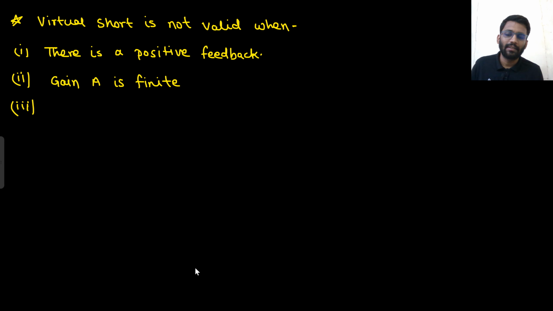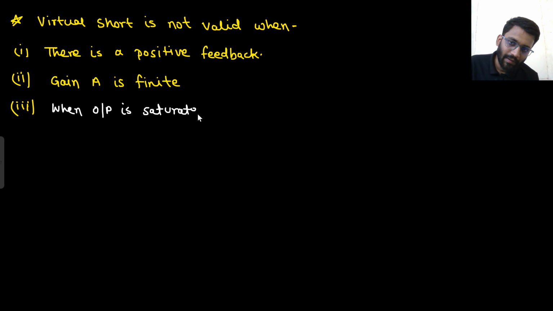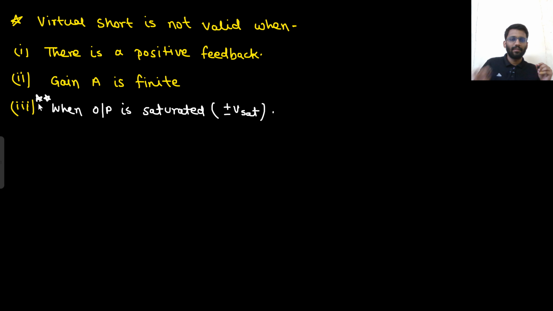And the third point is when output is saturated. Output can be saturated at plus Vsat and minus Vsat. But I will put a star mark on this point, because there is ambiguity in this particular point.